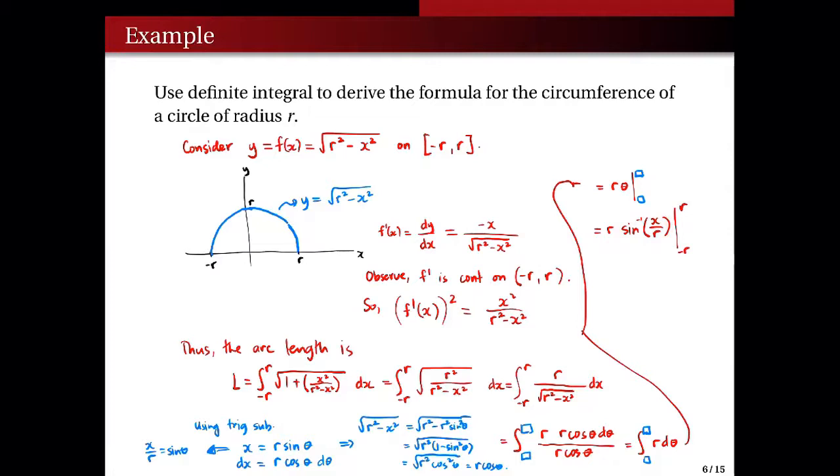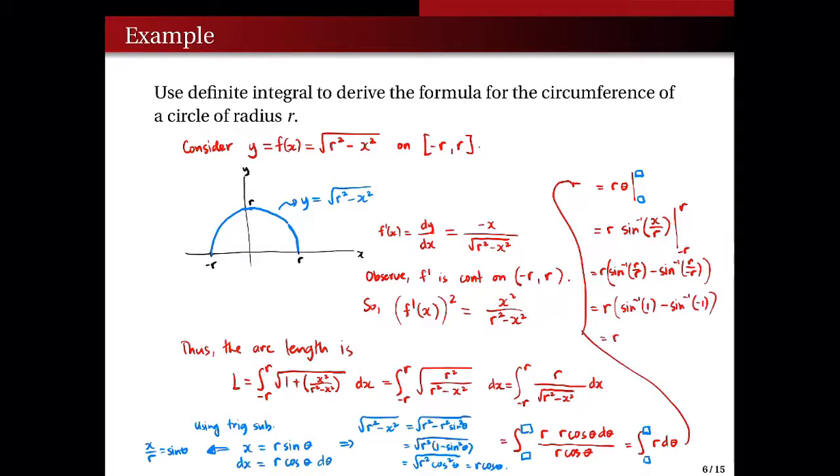So anyway, we have equals r times sine inverse of r over r minus sine inverse of r over negative r. Or this is equal to r times sine inverse of 1 minus sine inverse of negative 1.